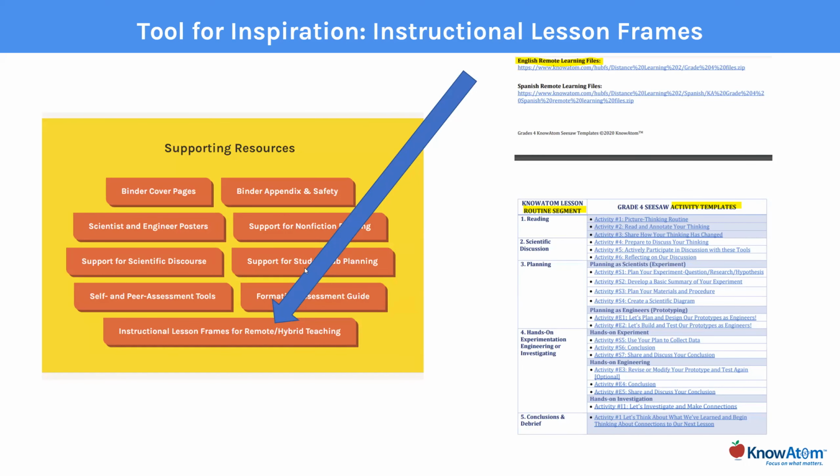One other tool for inspiration as you're thinking about ways of probing and pushing students is maybe to take a look at the instructional lesson frames. These instructional lesson frames are also available under that supporting resources section, and they were developed during COVID for remote instruction. But what's interesting is that they were written for remote instruction to set parents up as a teacher's aide at home.